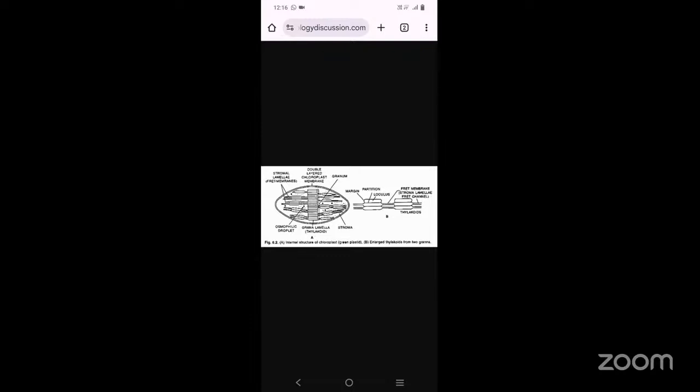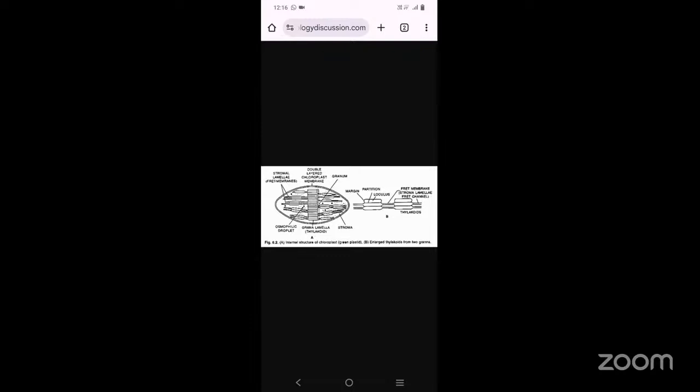The end of the disc-shaped thylakoid is called a margin, and the area where the thylakoid membranes appear together is called a partition. Some grana lamellae are connected with the thylakoids of other grana by stroma lamellae or fret membranes.